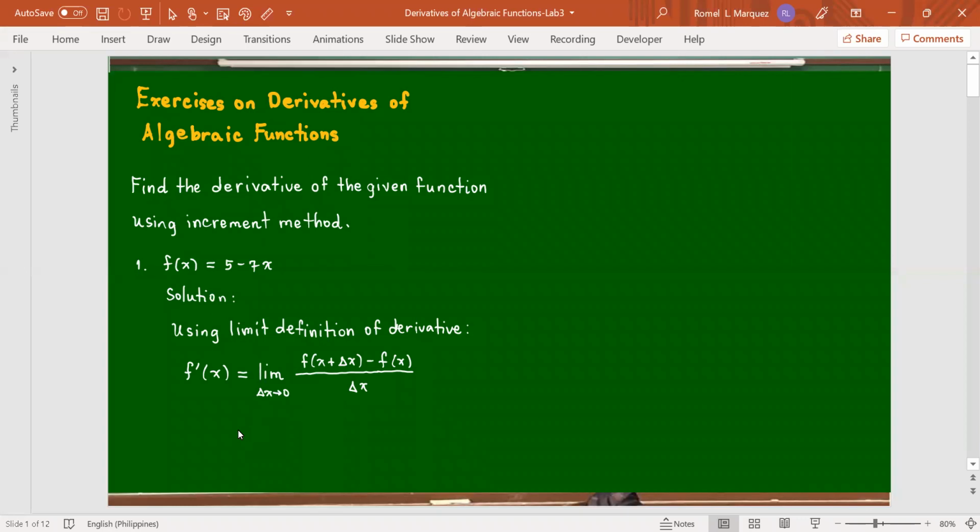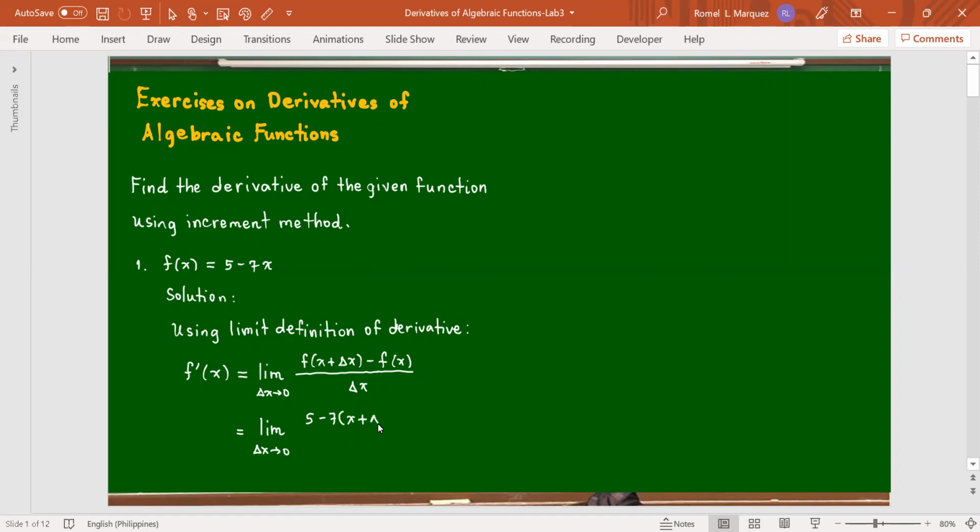So, what is our f? That is defined by 5 minus 7x, no? So, let's find f of x plus delta x. That is 5 minus 7x. But what is our x here, guys? X is to be replaced by x plus delta x, right?